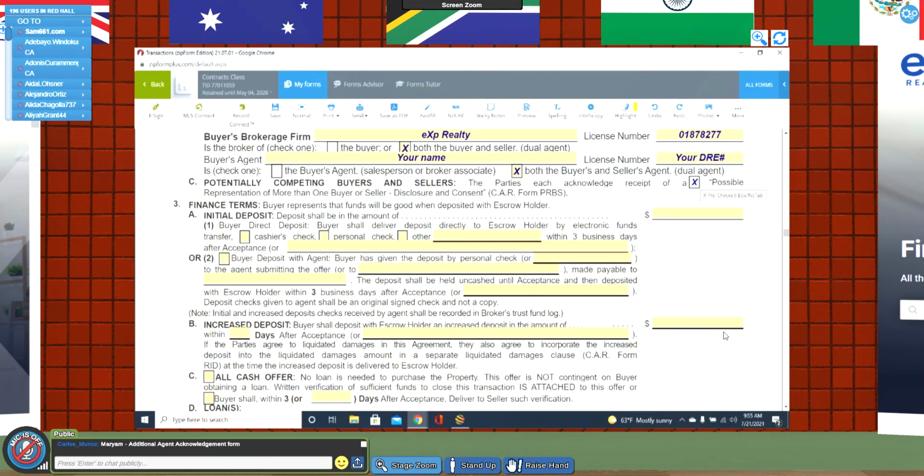Maximum allowed, or the maximum earnest money deposit, in the state of California is equal to 3% of the agreed upon purchase price. So if you wrote an offer and the buyer said, I want my offer to look really great, so let's do an earnest money deposit of 5%.